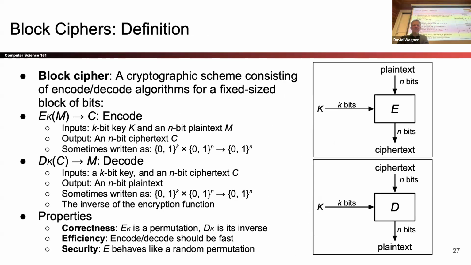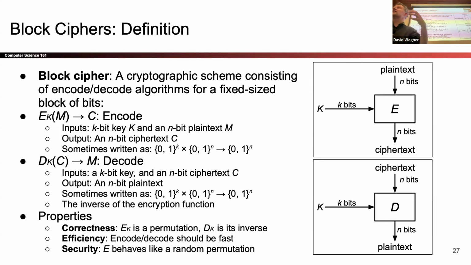Okay, so a block cipher has the ability to encode and the ability to decode, and the encode takes as input a plaintext of length 1 block, typically 128 bits. And it takes as input a key, and it outputs a ciphertext that is 1 block long, typically 128 bits, same length as the input.